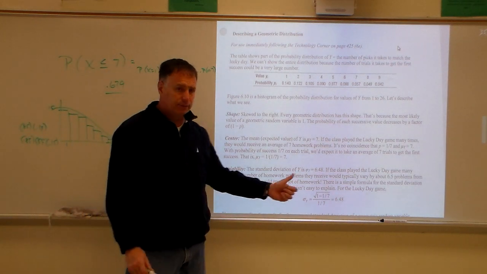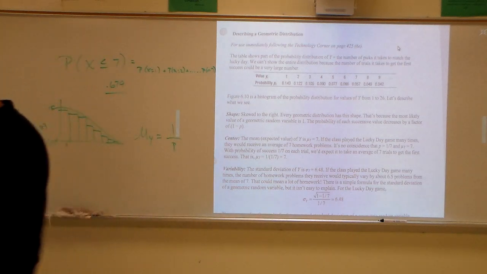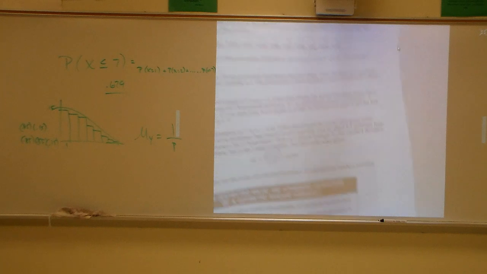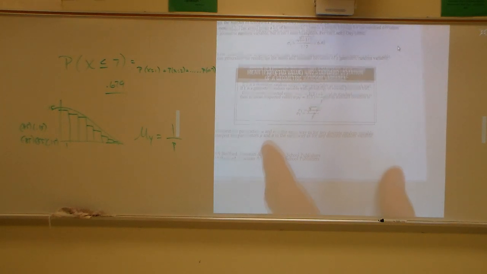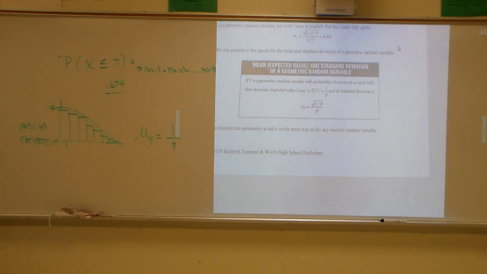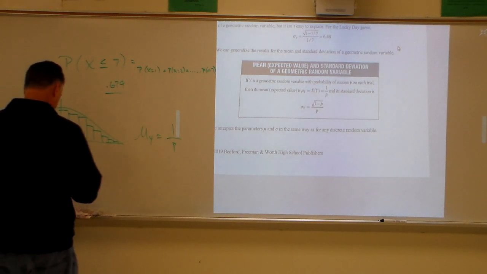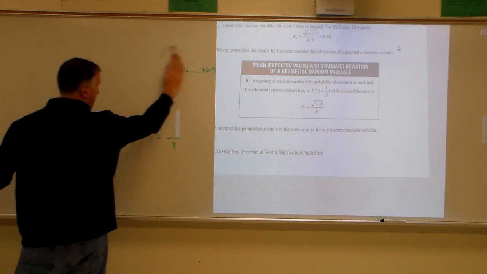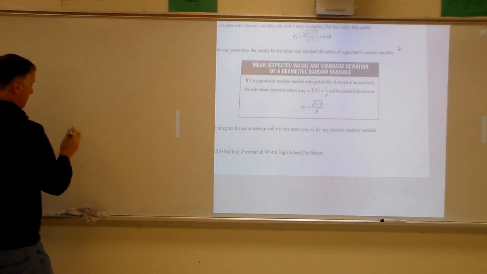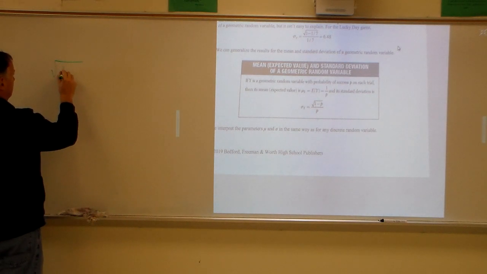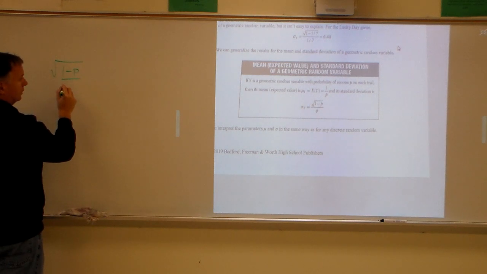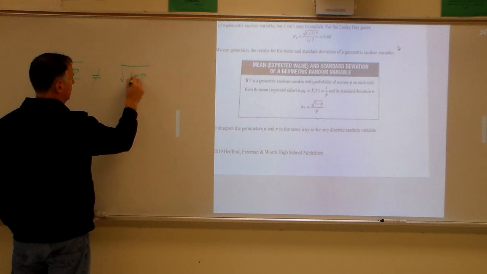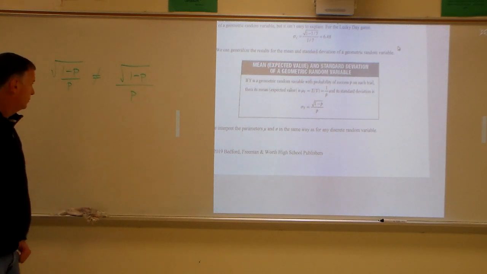The variability, we use the standard deviation. Now this I want you to see. I want you to look at this and I want to explain it, because there's a pretty considerable difference if you make a mistake with this. Mathematically, this is not equal to this.